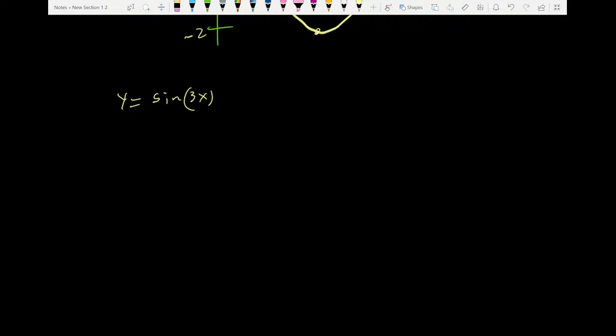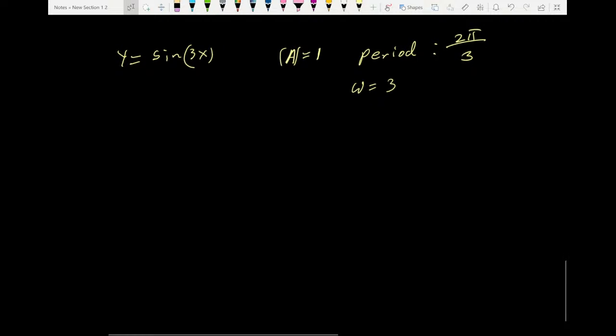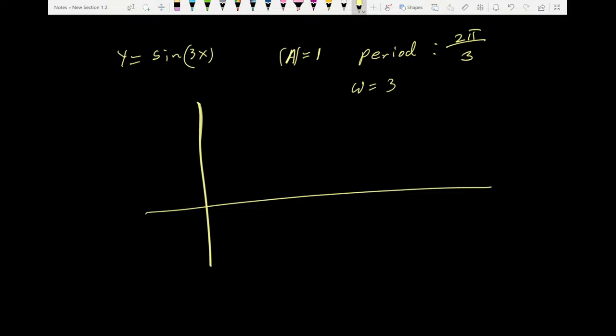So the amplitude in this case is just 1. For the period, omega is 3, so the period is going to be 2 pi over omega, which is 2 pi over 3. The hardest part is finding all the critical points.